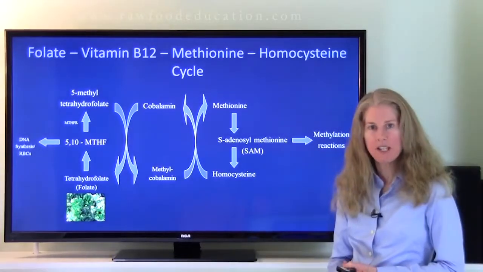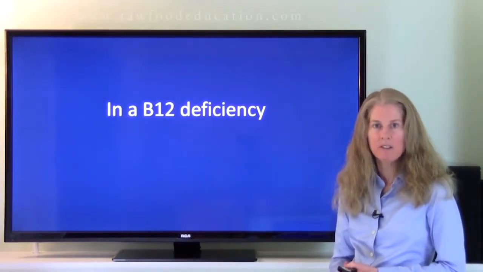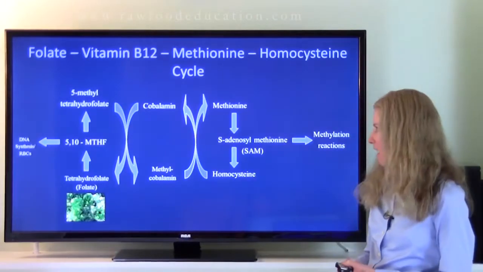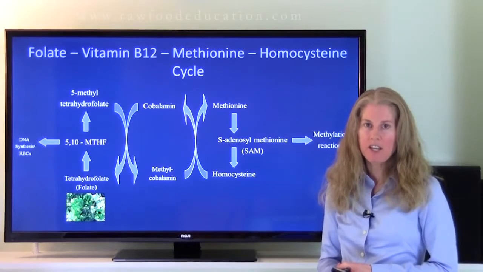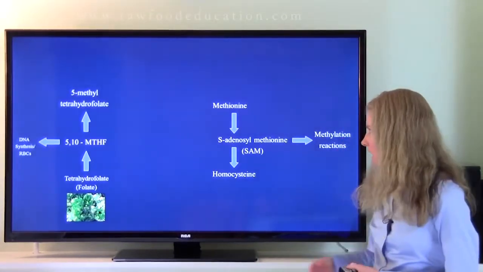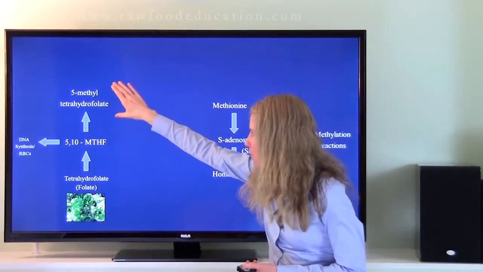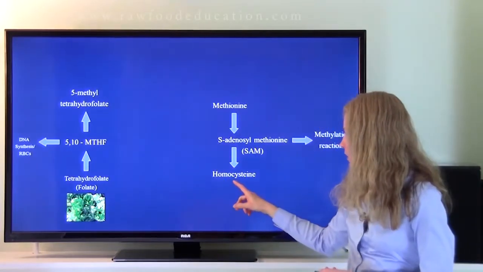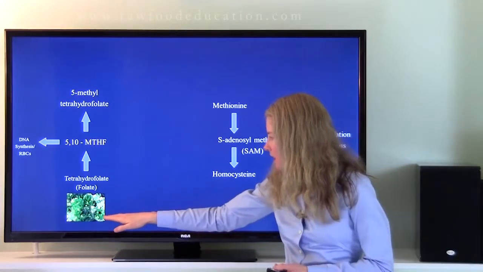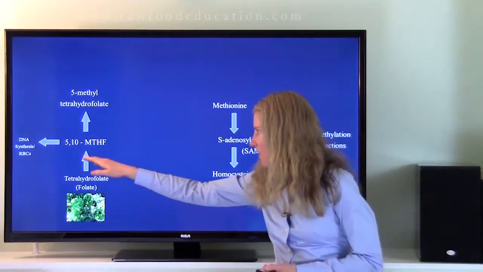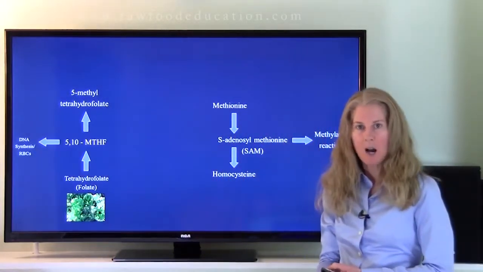Now, why is this complicated pathway so important? It is in the context of a vitamin B12 deficiency. So here's our pathway right here, just to refresh your memory. Now, if we take vitamin B12 out of the equation, what happens is that our methyl group gets trapped up here as 5-methyl tetrahydrofolate, and it isn't able to turn homocysteine into methionine. And for people who don't eat a large amount of folate, then the ability to make DNA and red blood cells may be compromised.